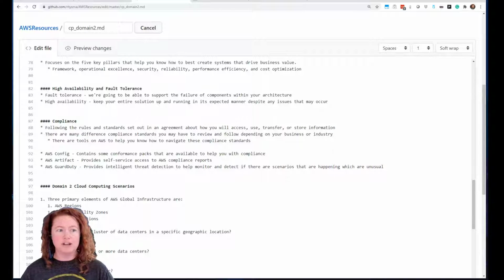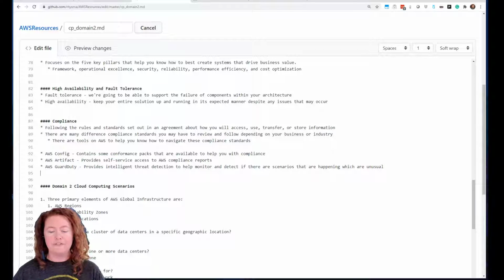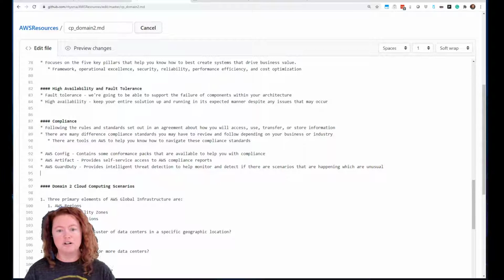And so you want to make sure that you know if something is happening, using something like GuardDuty. If it's unusual, it could ultimately lead you to being out of compliance. And just making sure that you are monitoring and that you're doing the proper things can go a long way.